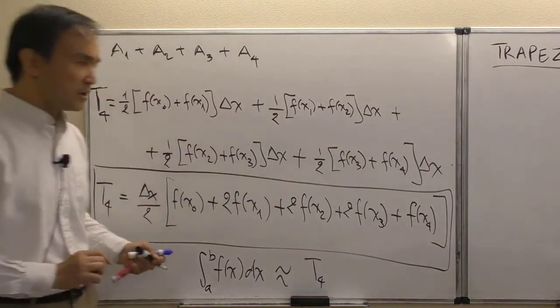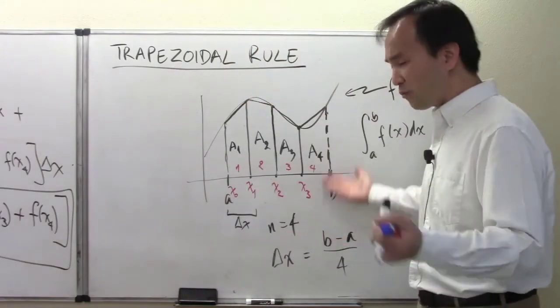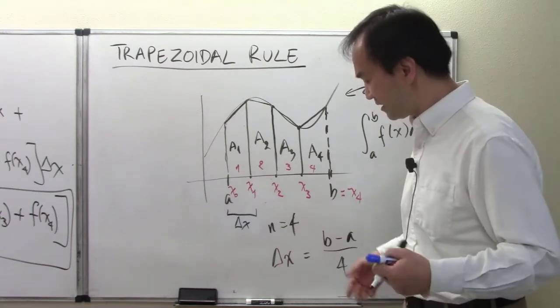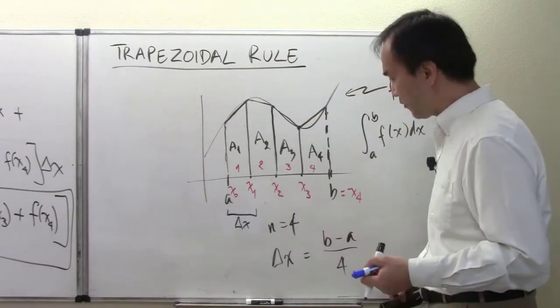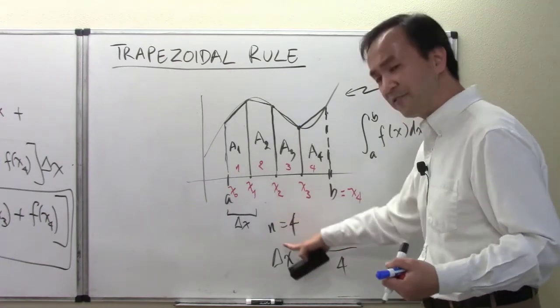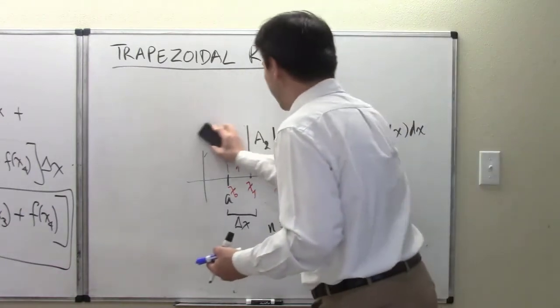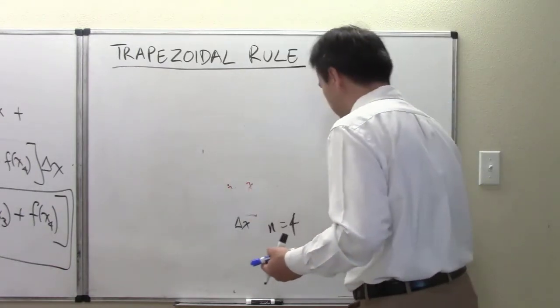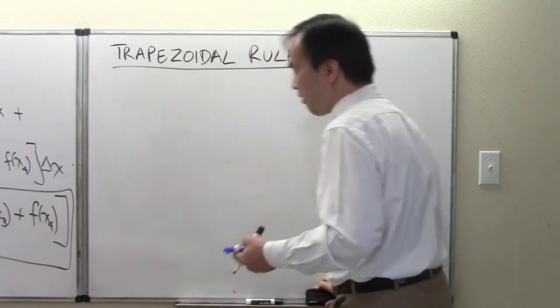Let's go ahead and observe this formula a little more closely in a general case where we have more than 4 subintervals, because here I'm using a specific number of subintervals, 4, but in general, what is the formula? Now I have to erase the picture because I need to make space for writing my next general formula.